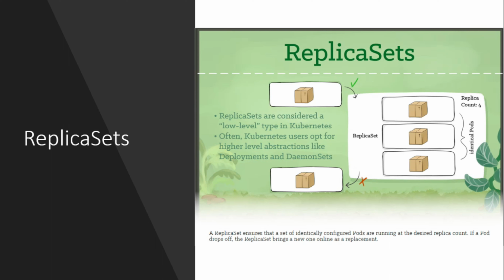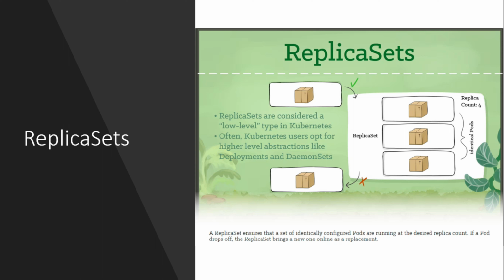Replica sets. Replica sets are considered low level. That's the reason deployment is preferred. What it does is ensure that a set of identically configured pods are always running at the desired replica count.